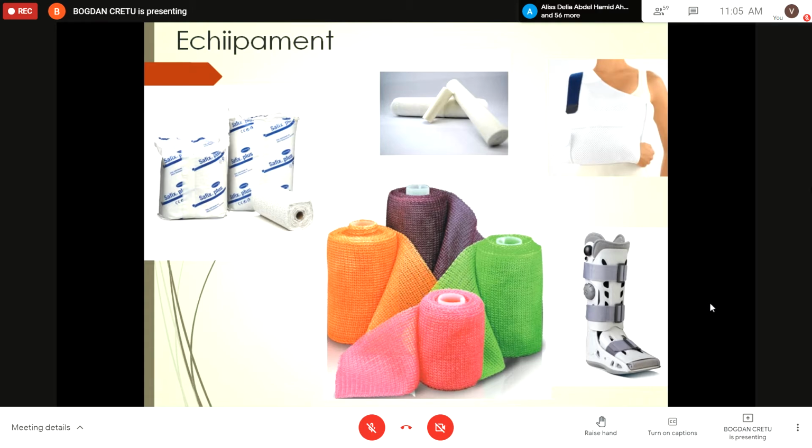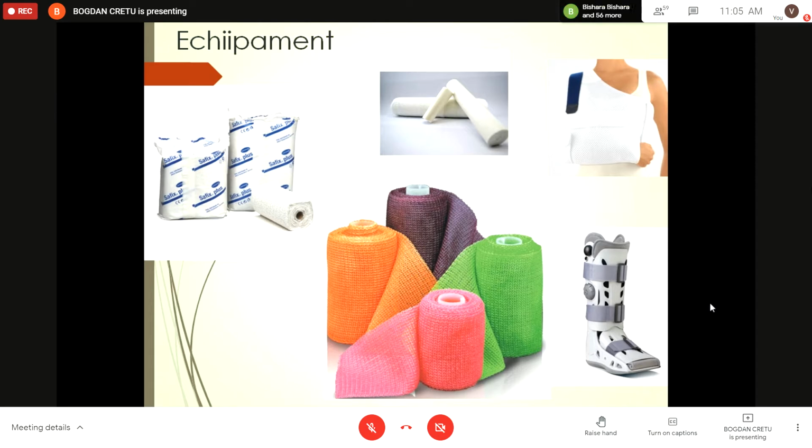In the right of the slide, we have modern immobilization techniques, orthotics. In the upper image, we have an orthotic most probably used for a lesion in the shoulder.